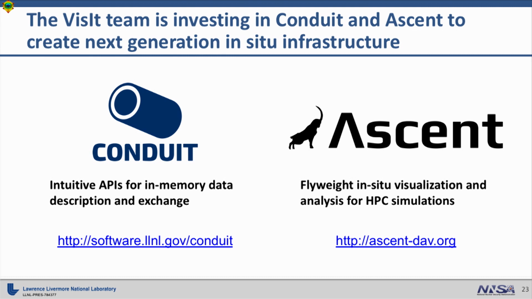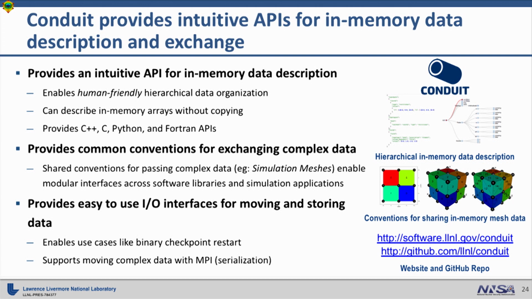I'm not going to talk too much about these other than to say that Conduit is a new way to describe data in memory and hand it over to an in situ package. And Ascent is a new flyweight visualization library. So what is Conduit? It's what I would claim to be an intuitive API for in-memory data description.